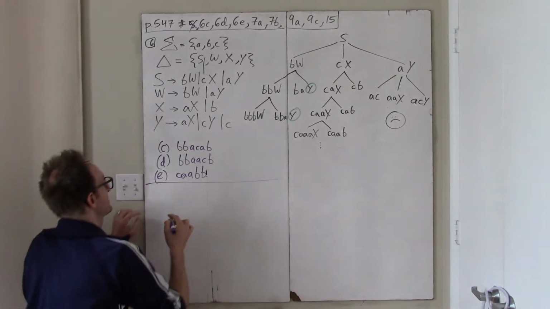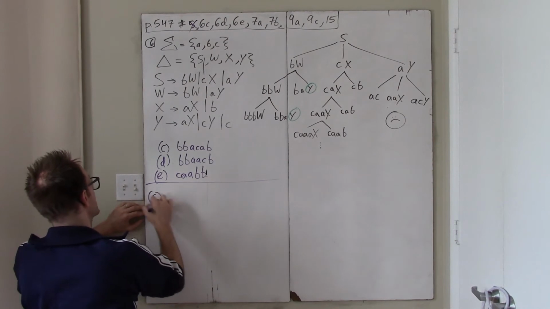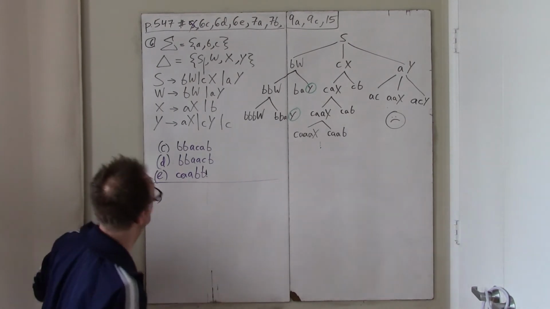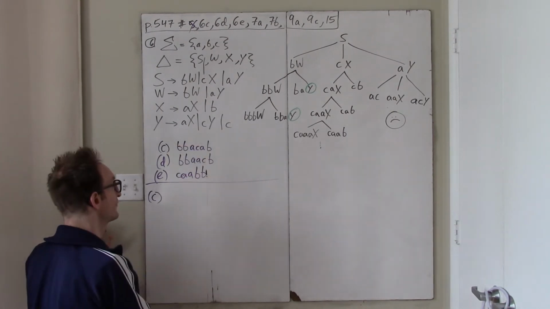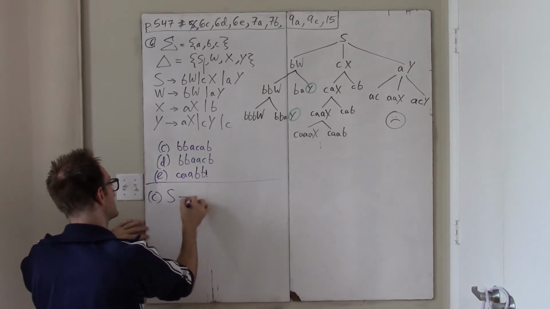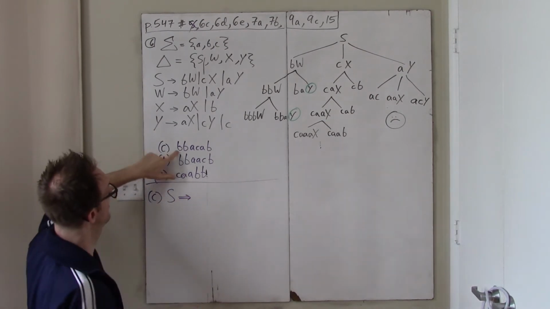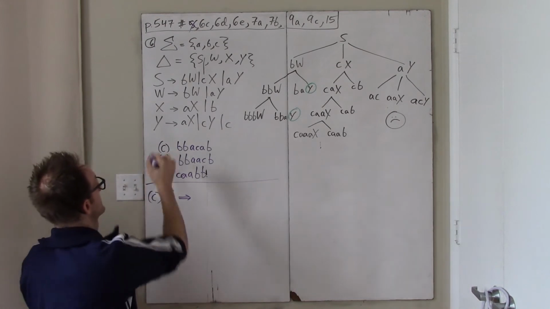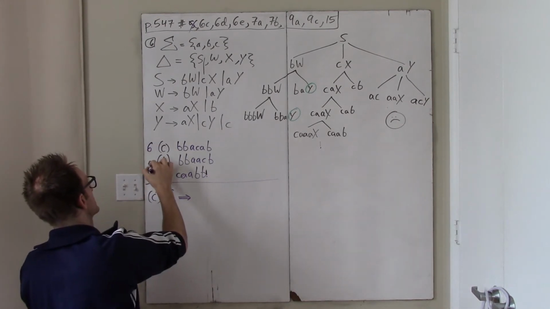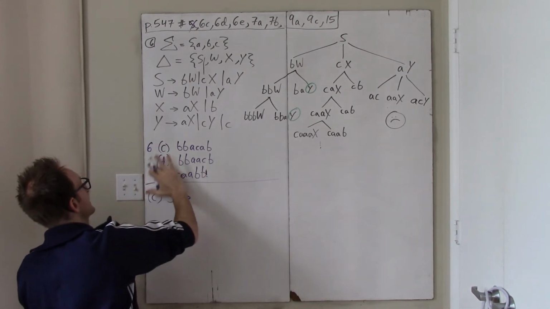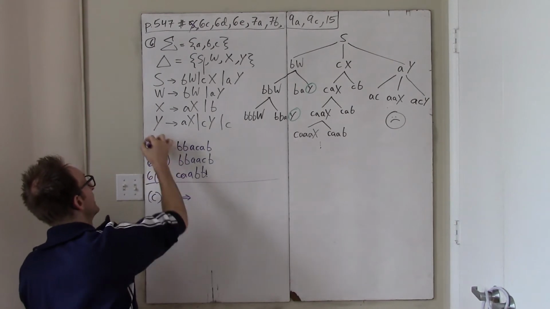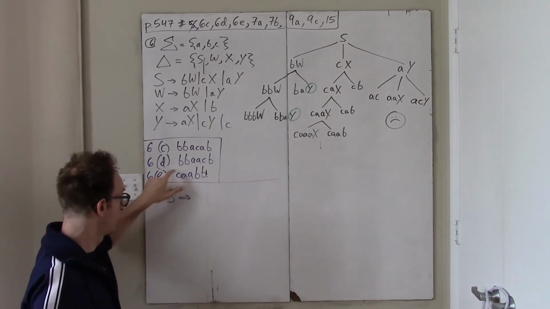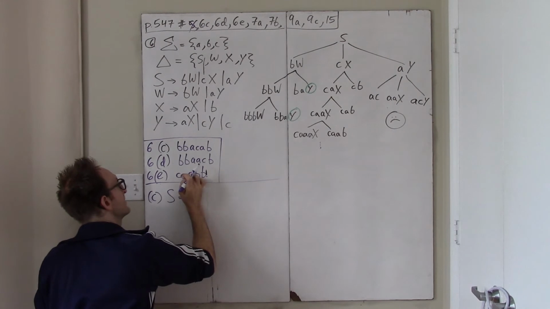And it just turns out to be possible. So let's go. Let's attempt to produce a derivation of these. Okay, so I start with my start symbol. This is 6C, 6D, and 6E here that I am. This is just what's in the book. These are the strings I'm investigating.